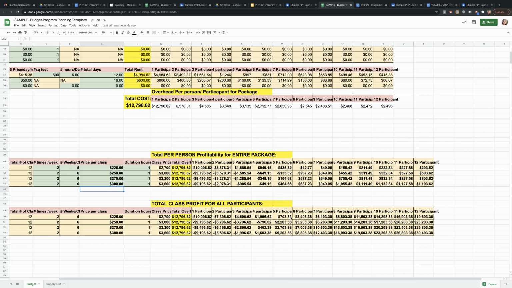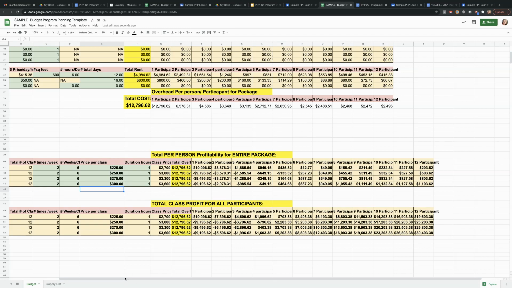It looks like something might be off in this calculation because there shouldn't be profitability with these two. So I'll have to look at that calculation. But this will help you to decide what your budget is. So you will look at this and say, there's no way someone's going to pay $225.